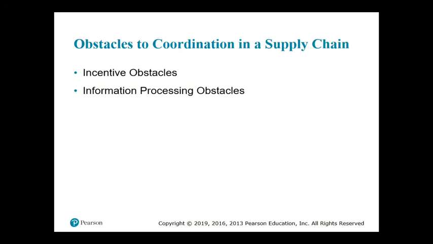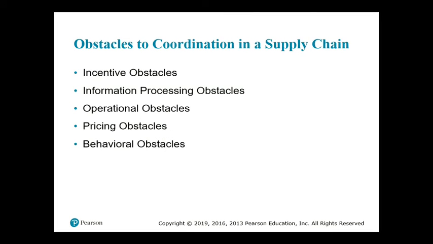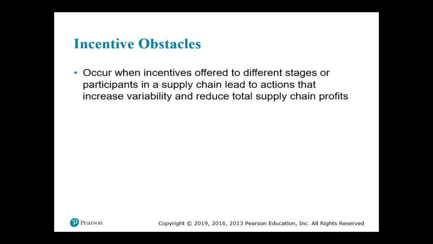And these obstacles can come from incentive issues, can come from the processing of information, can come from different operations and pricing, as well as behaviors of supply chain members.